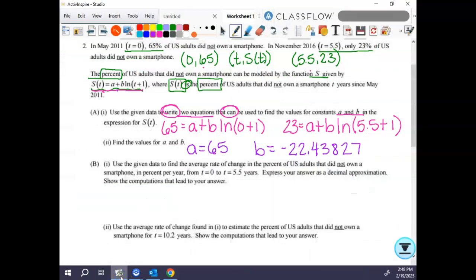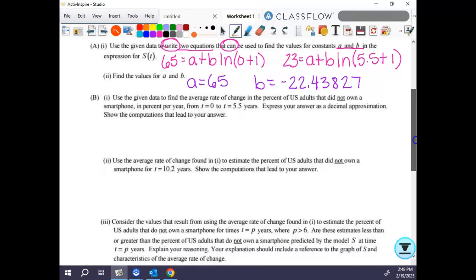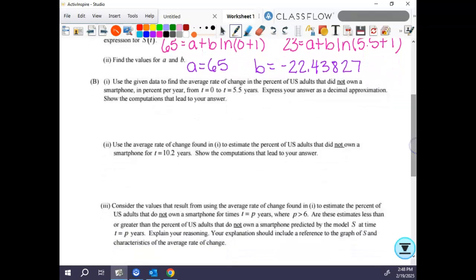All right, so let's come back over here and see what the next part says. This says we're going to use the given data to find the average rate of change, which we know is just slope, in the percent of US adults, excuse me, that did not own a smartphone in percent per year from 0 to 5.5. So I've told you many times I like to go ahead and write this out as my little interval. And it says to express your answer as a decimal approximation. So we can do slope.